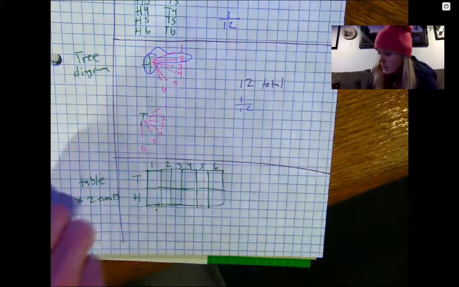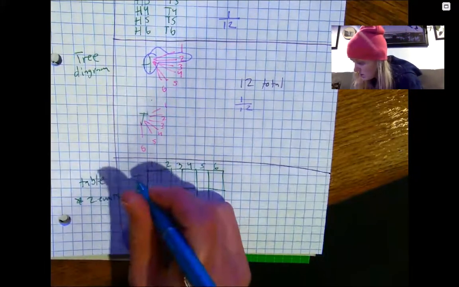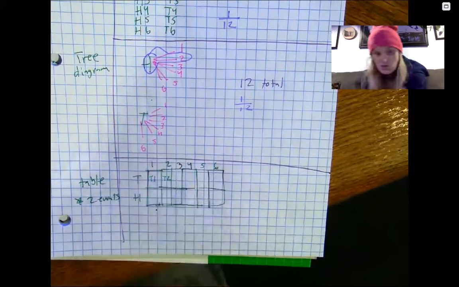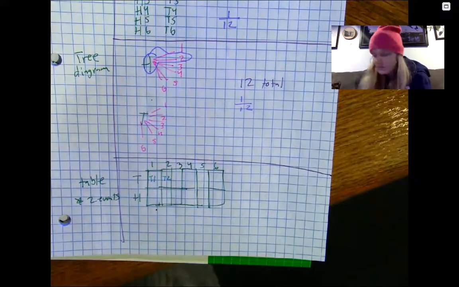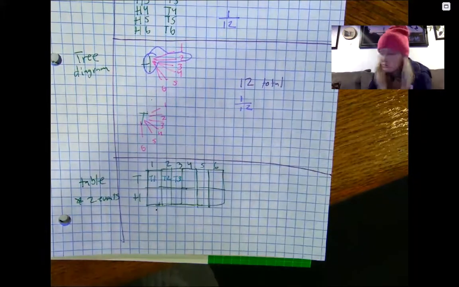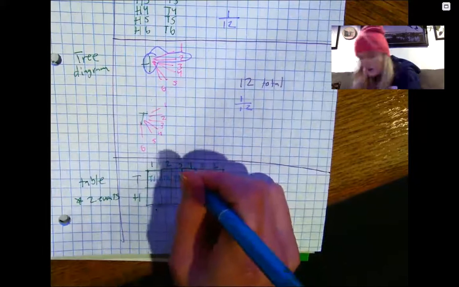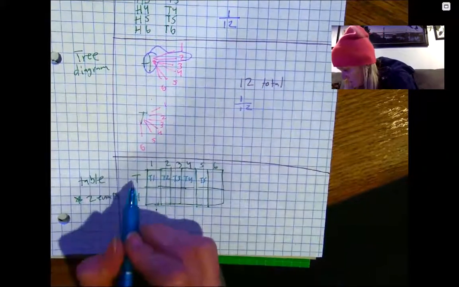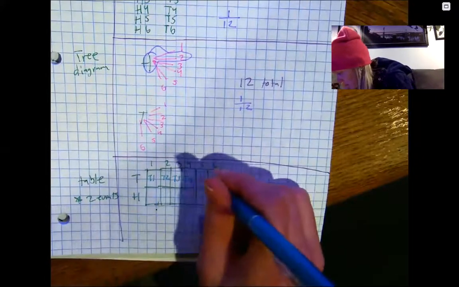Okay, the inside, this would be tails and 1. This one here would represent the tails in the 2 spot. This right here would represent the tails in the 3 spot. Tails in a 4 spot. Tails in the 5. See, I'm matching up tails and 5, and this last one will be tails in a 6.